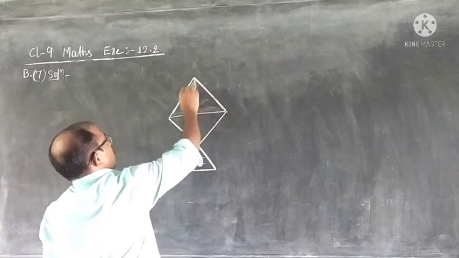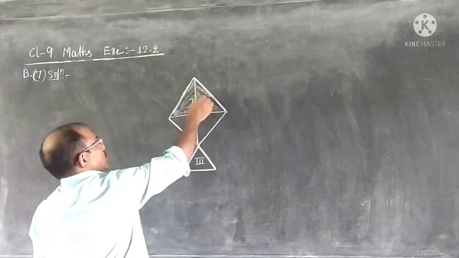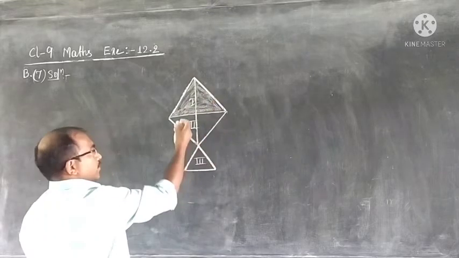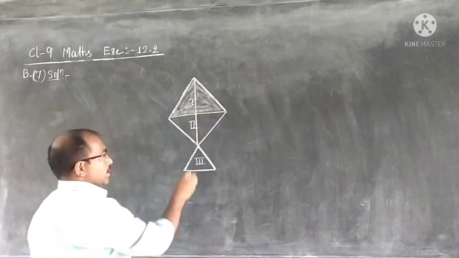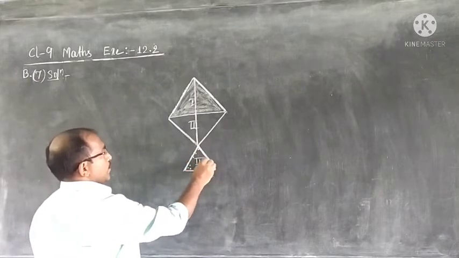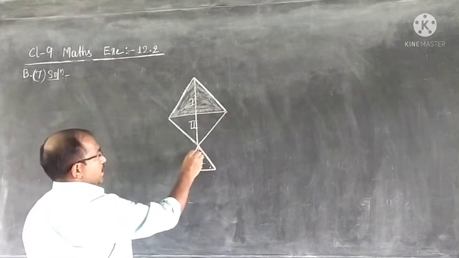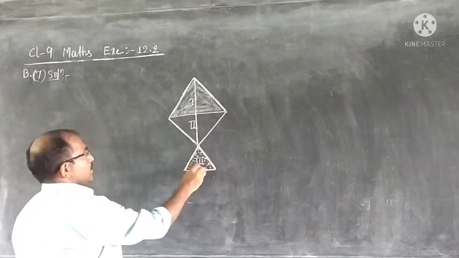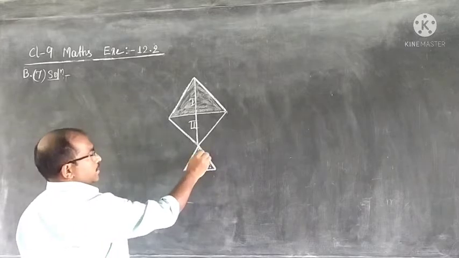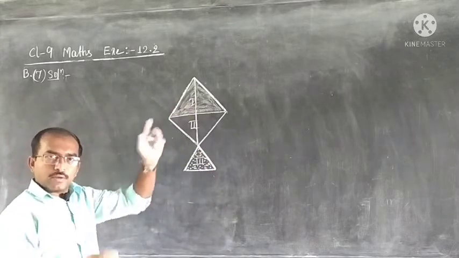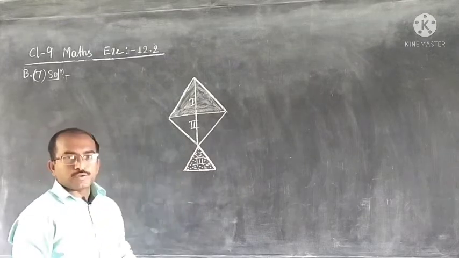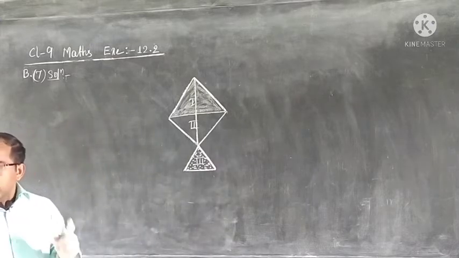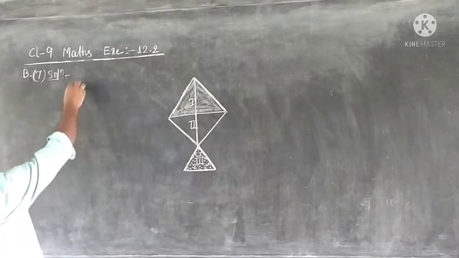Suppose this triangle is of the same color, that is figure 1, triangle 1 we can say, figure 2 has a different color, and figure 3 also is of a different color. So, we have to find how much area of paper is used for each color. That means all 3 portions, we have to calculate the area of triangle 1, area of triangle 2 and also area of triangle 3. Of course, when we read the question, what we find, a kite is in the shape of a square. So, let us start with that.